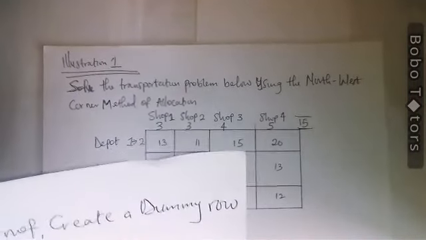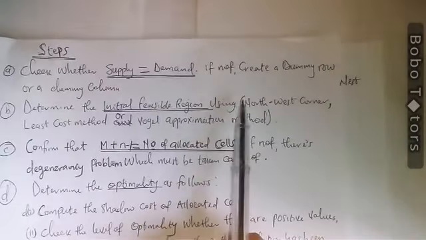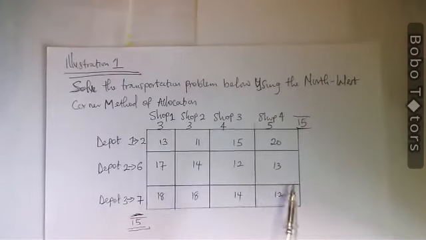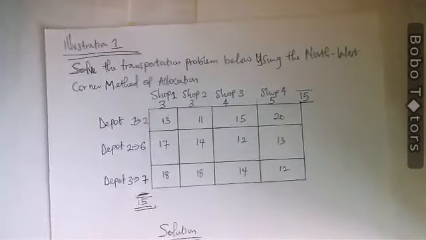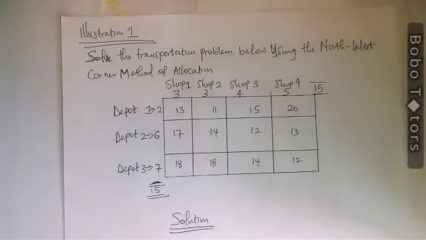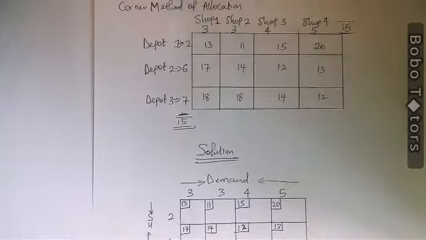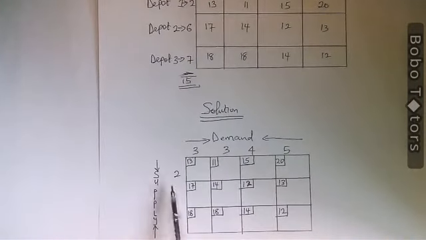Now step 2, you determine the initial feasible region. I said using any of these three. Based on this question, we were told to use the northwest corner method of allocation. So this is my demand and this is my supply.